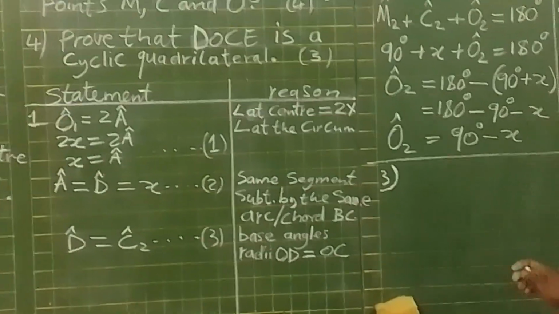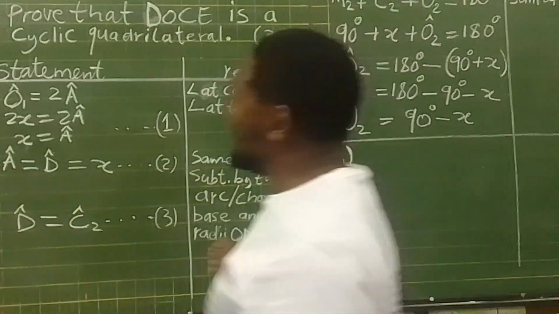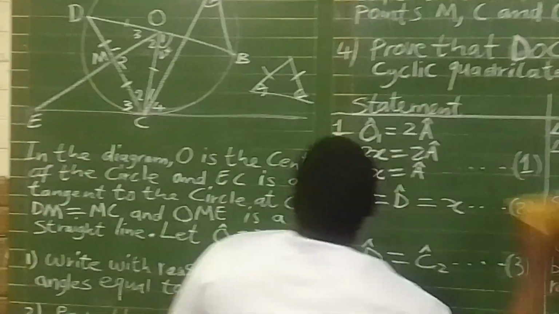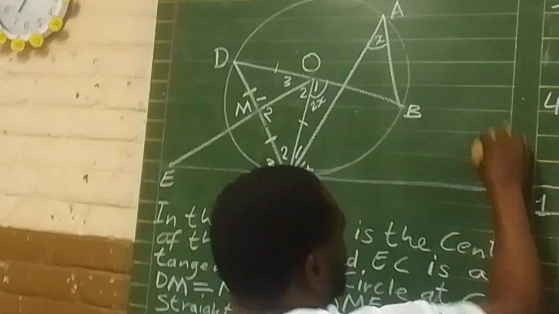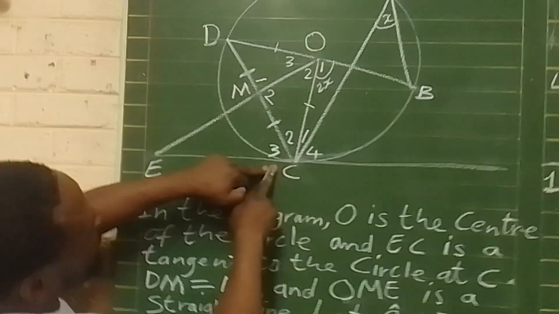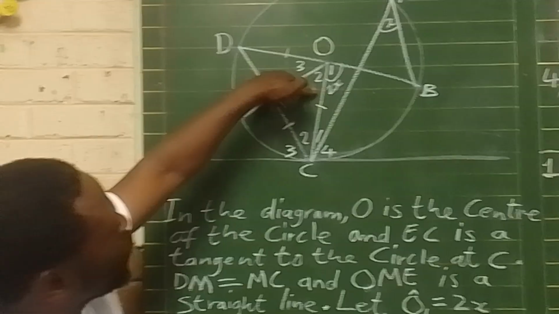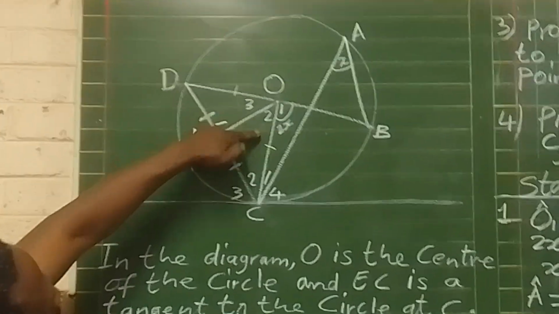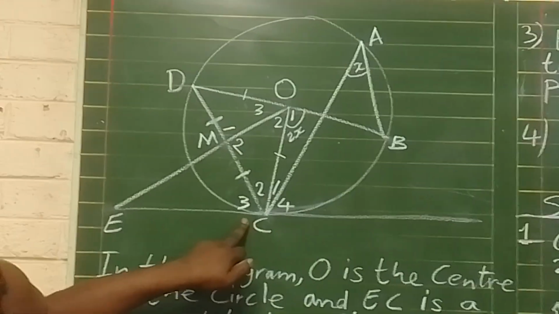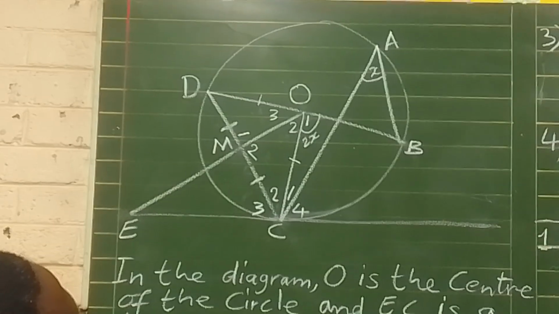Where can we start with this question? We must find that C3 is equal to O2. How can we find that C3 is equal to O2?